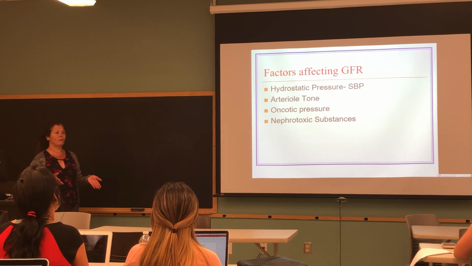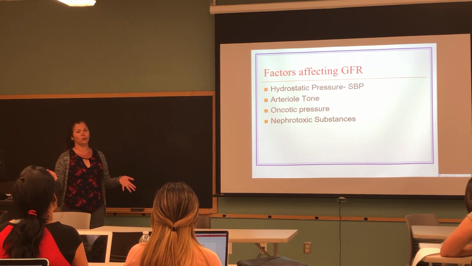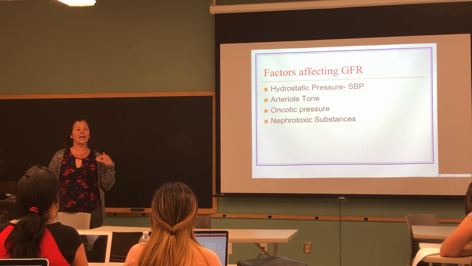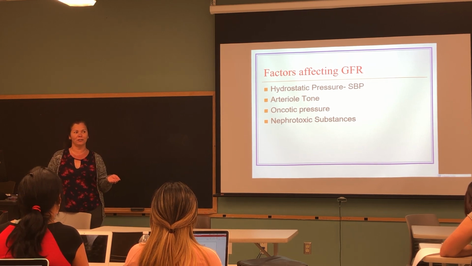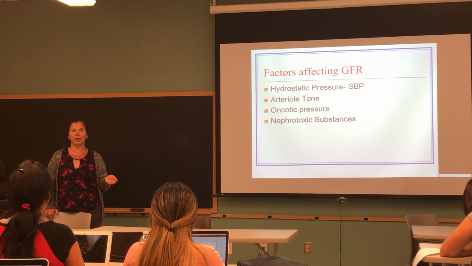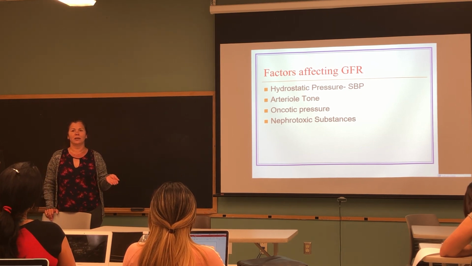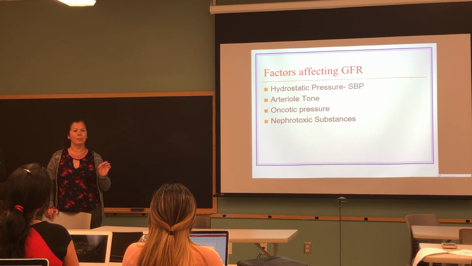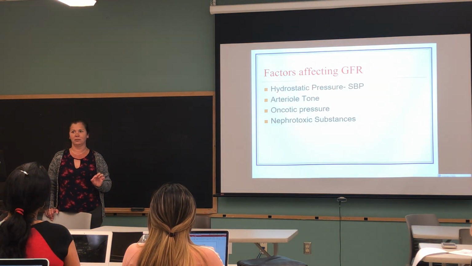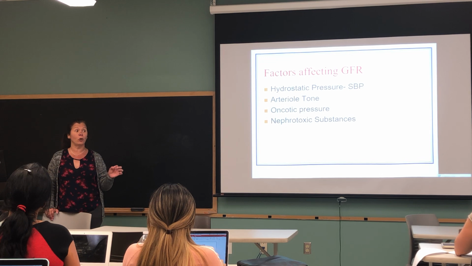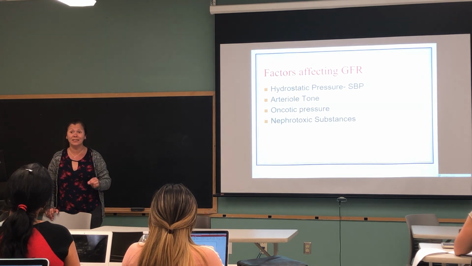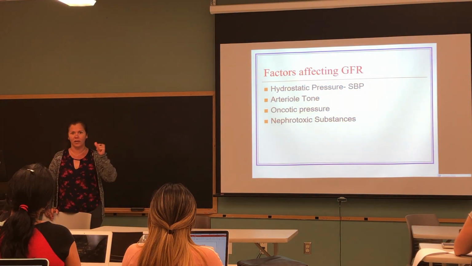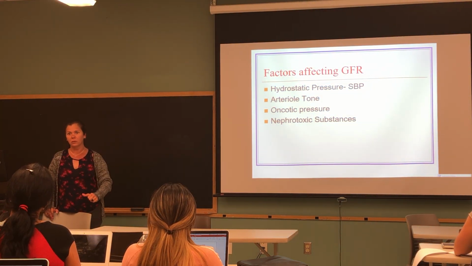So again, what factors affect the glomerular filtration rate? Hydrostatic pressure. Again, the higher the blood pressure... even though you might think that what primarily affects the glomerular filtration rate is hypovolemia, the autoregulatory response depends on the vasoconstrictive effect of the catecholamines and the renin, angiotensin 1 and 2.